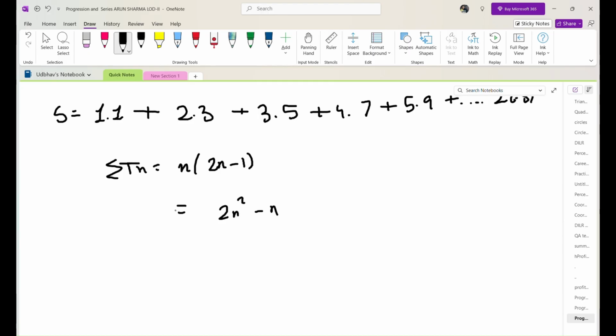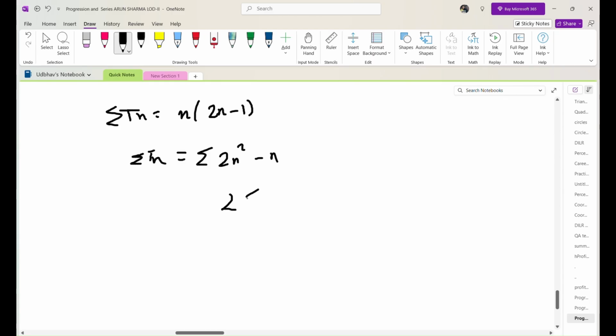To find the sigma, 2 times sigma n square minus sigma of n. There is a formula for that.